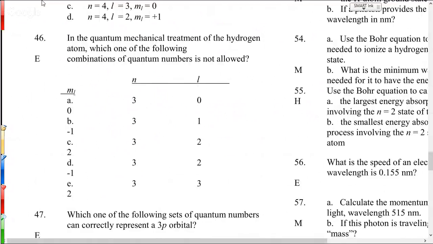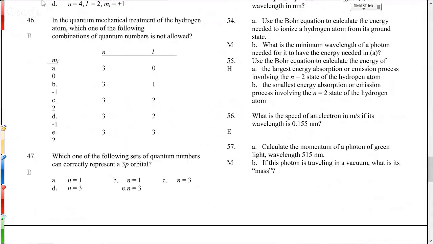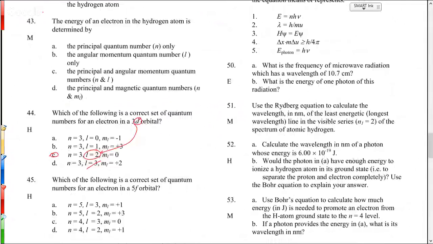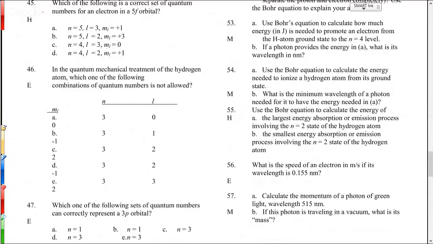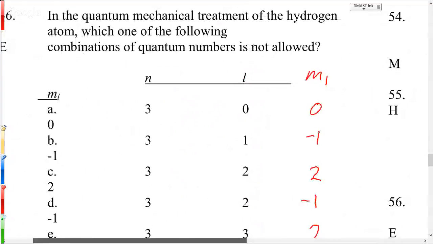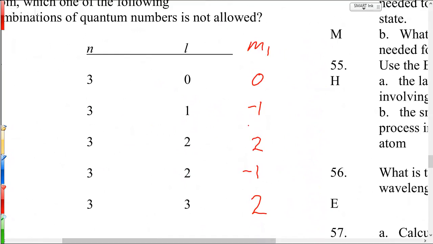Whoa, this one didn't come out right. But it's a good question, so let's see if we can fix it. So we'll just rewrite this over here. Okay. So if we're looking at a hydrogen atom, which of the following combinations of numbers is not allowed?